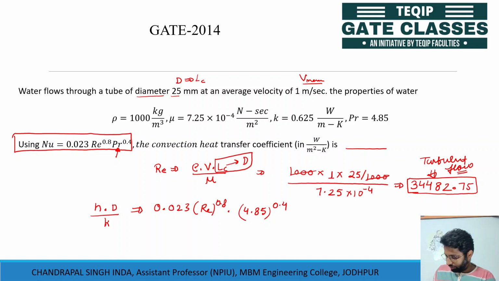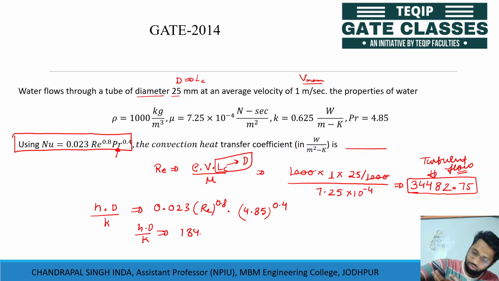So we will have that h d by k will be equal to 184.5446.